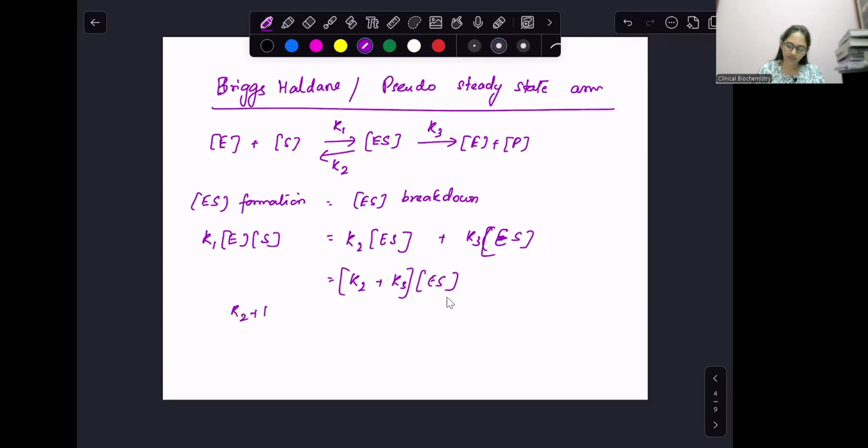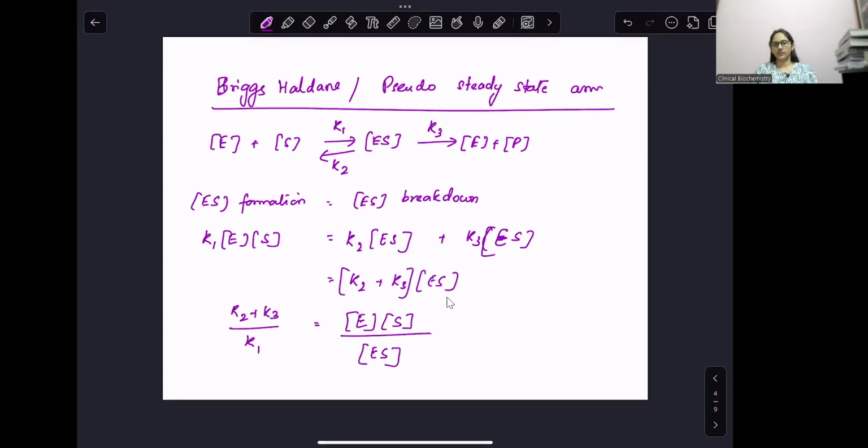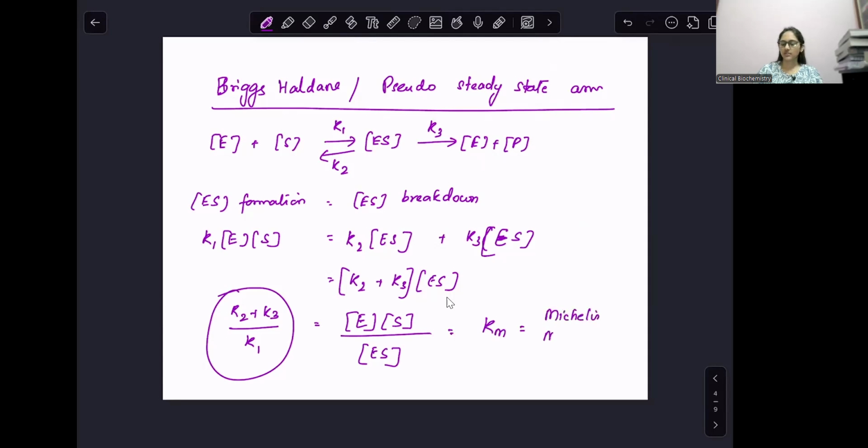K2 plus K3 divided by K1 is equal to enzyme concentration into substrate concentration by enzyme substrate complex. So what is this constant now? This constant is called the Km, which is the Michaelis-Menten constant. Is it clear? The Michaelis-Menten constant.